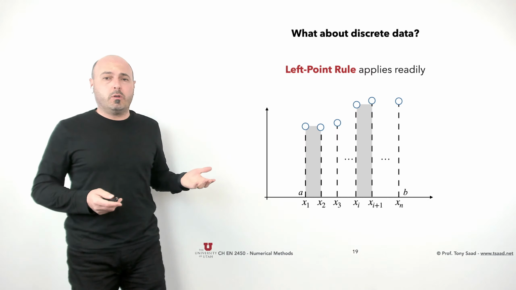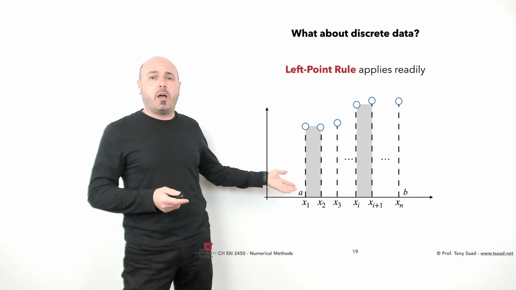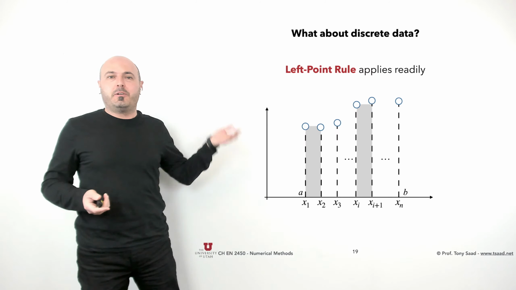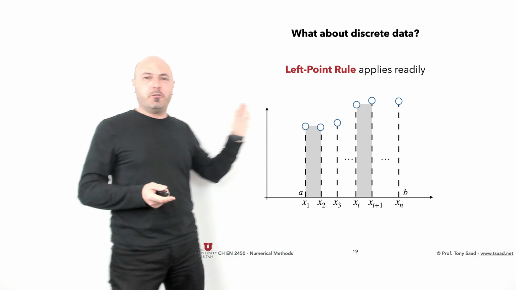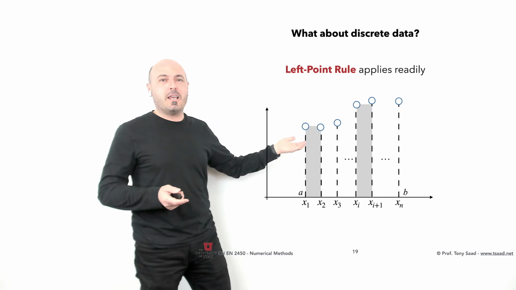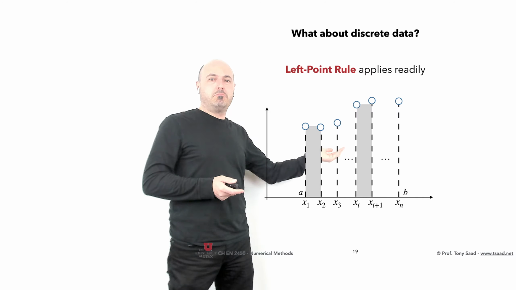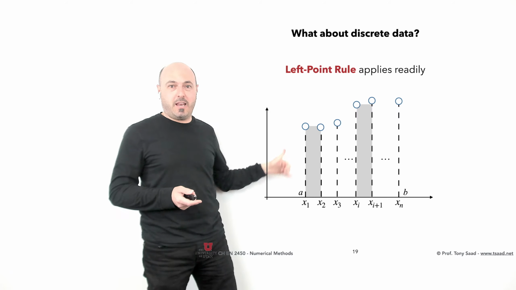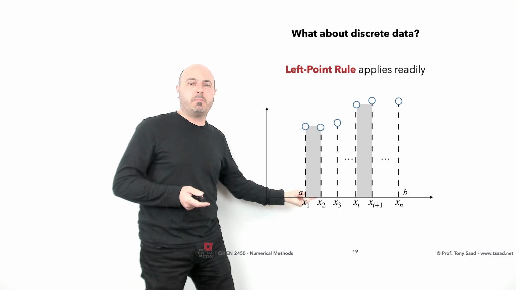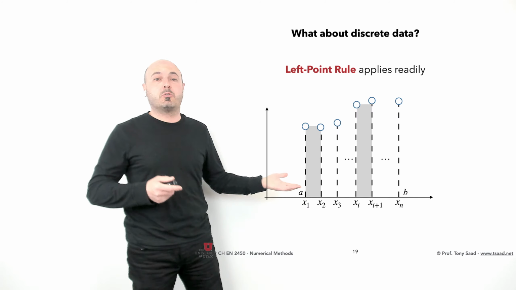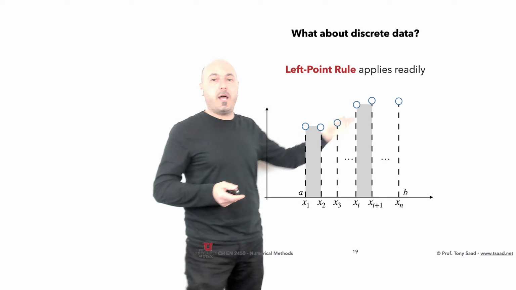The left point rule readily applies, whether the data is equally spaced or not. You just go over each segment, pick the left point, because there's always going to be a left point, and evaluate your integration. You take the left point value multiplied by the size of the interval of your data, and then add it up.